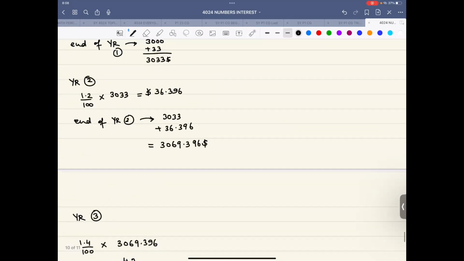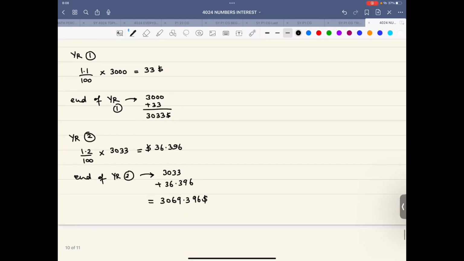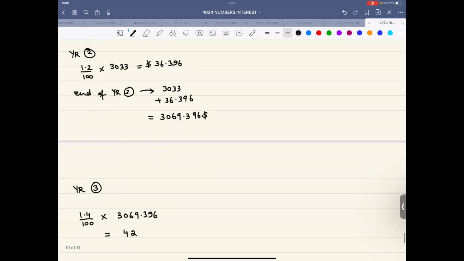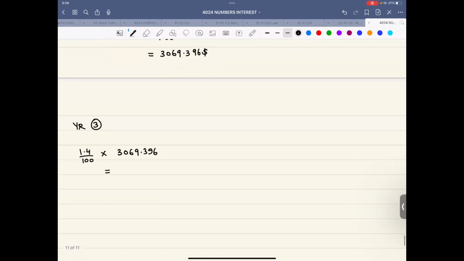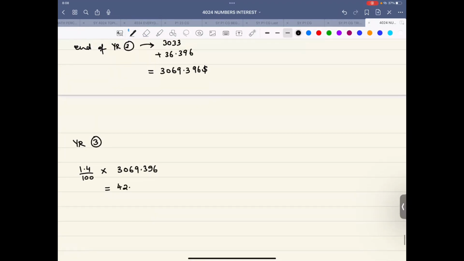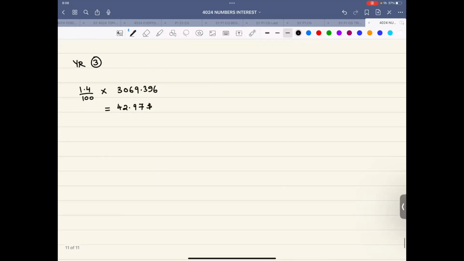Let me just double check one thing. Let me just do the calculation properly. So this is 1.4 divided by 100 into 3,069.396. That is 42.97. $42.97. Now I have rounded off the value.